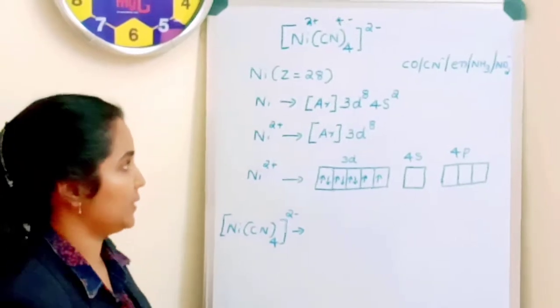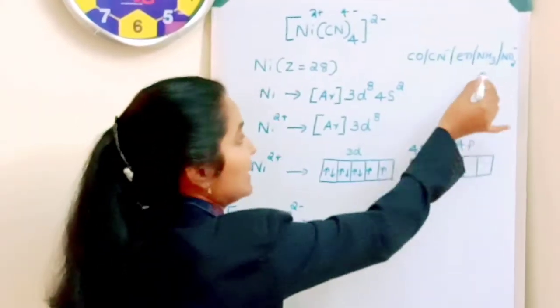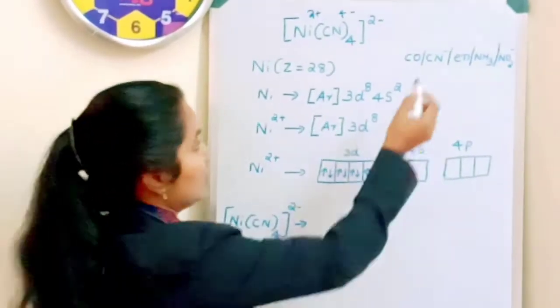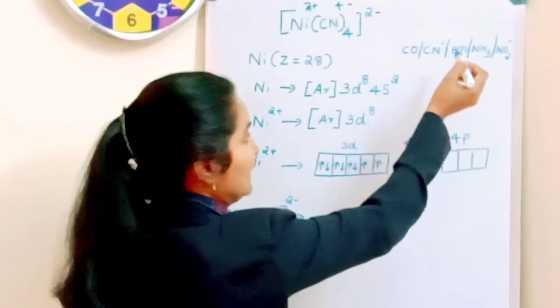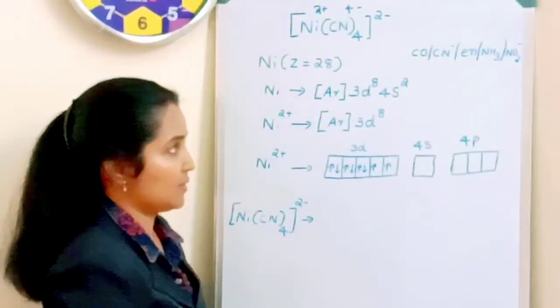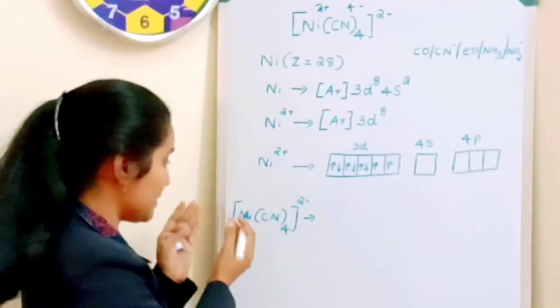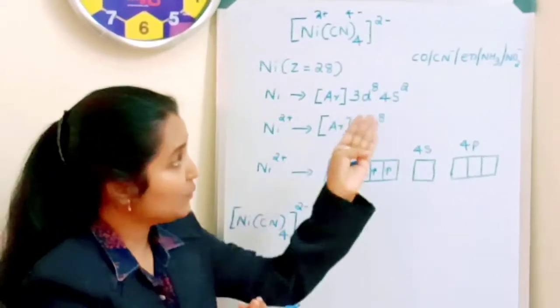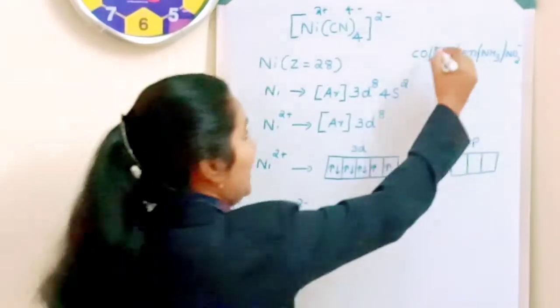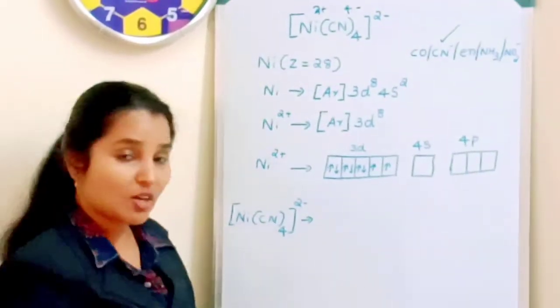That is very important. See here, these are the strong field ligands: CO, CN-, en, NH3, NO2-. You have to see whether the ligand attached to the central metal ion is any one among these. Yes, we have CN-, a strong ligand.